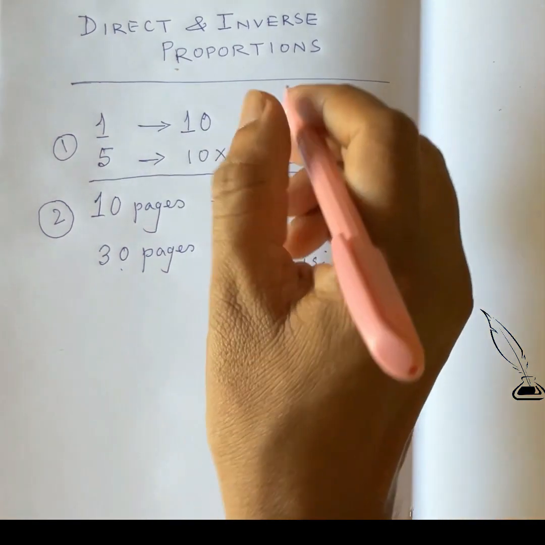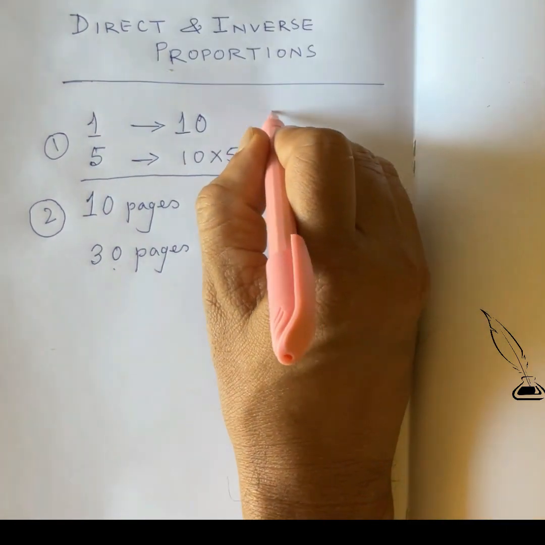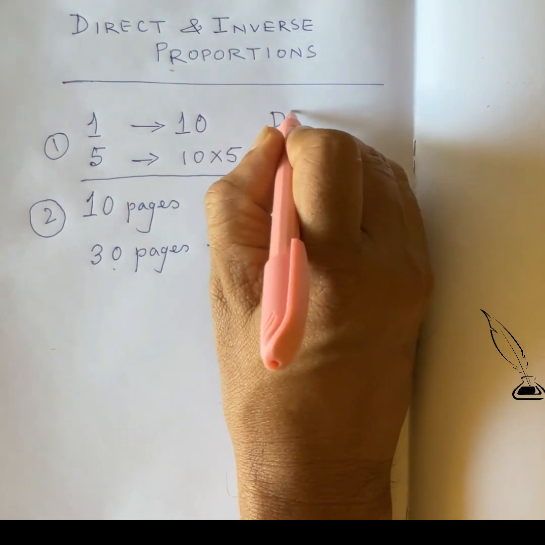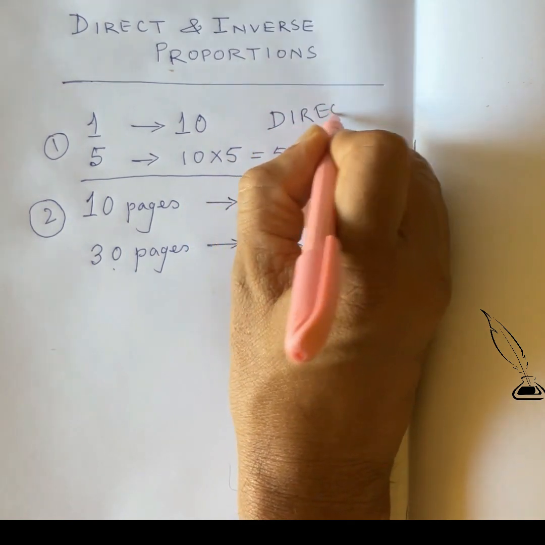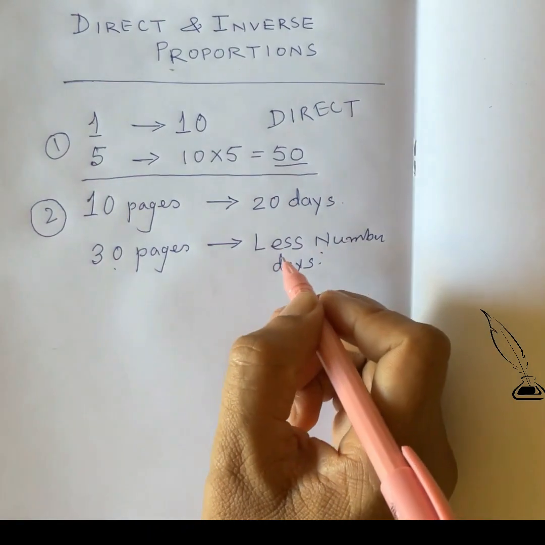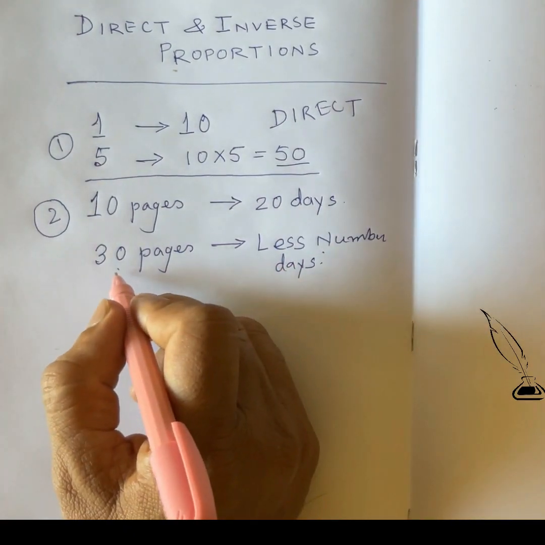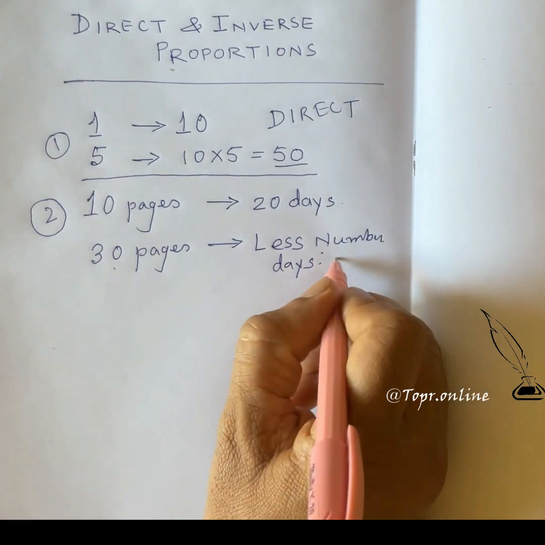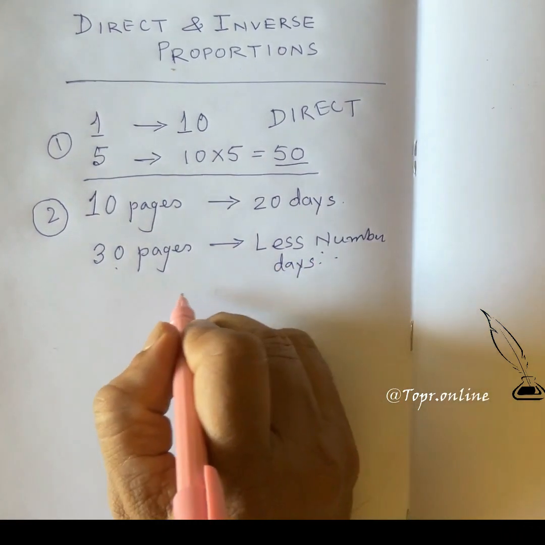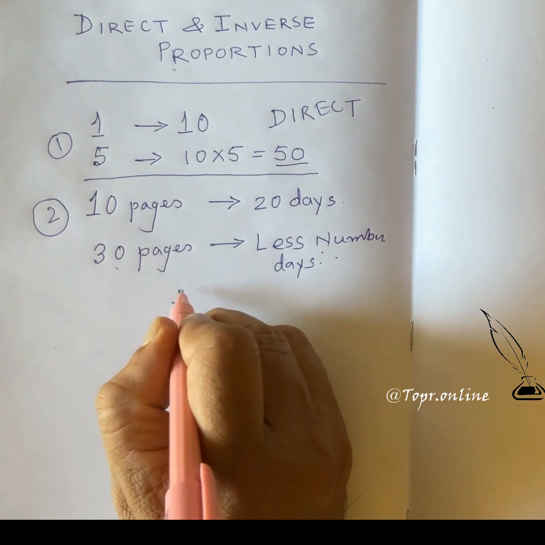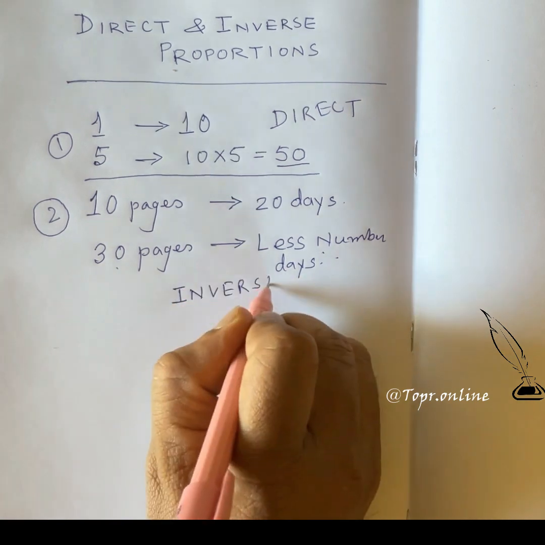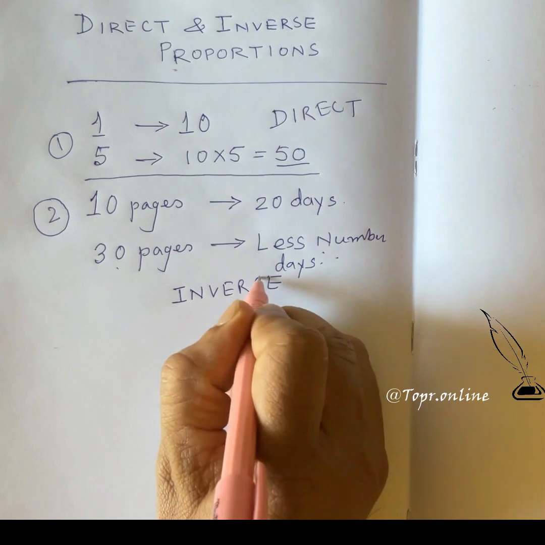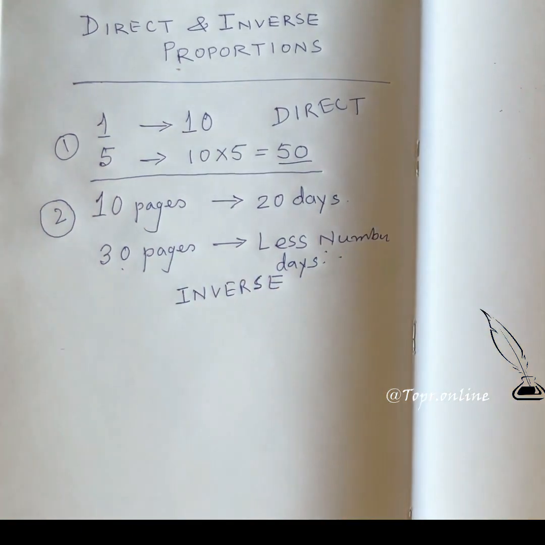The first one is an example of direct proportion. In the second one, the increase of one parameter decreases the other; that relation is of the kind inverse. These are the two types of problems that will be discussed in the chapter.